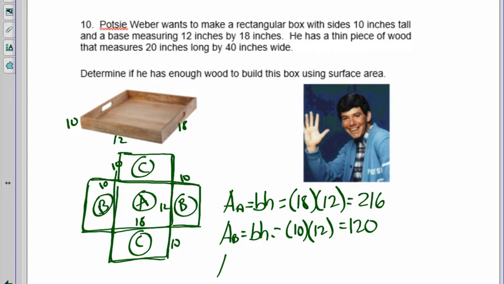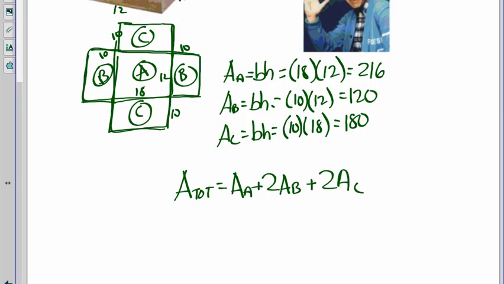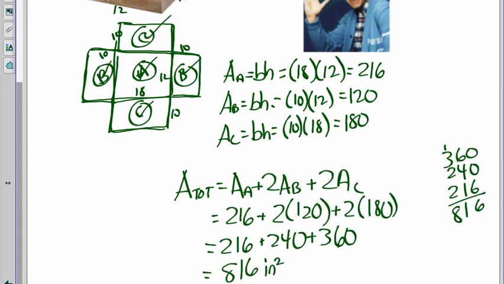I have area of C, which is also base times height, which is 10 times 18, which is 180. And my total area is going to be an area A plus 2 B's plus 2 C's, and then we just need to total all that up. And so Potsy needs 816 square inches of wood.